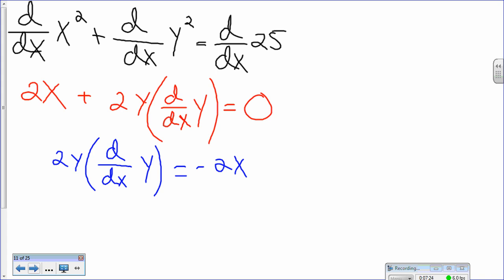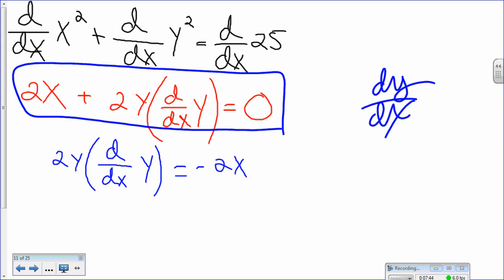So what I'm going to do is solve this equation for dy dx. Remember what the original question was? The original question was find the slope. The slope is dy dx, right? So if I can solve this equation for dy dx, what I have over there will be the slope.